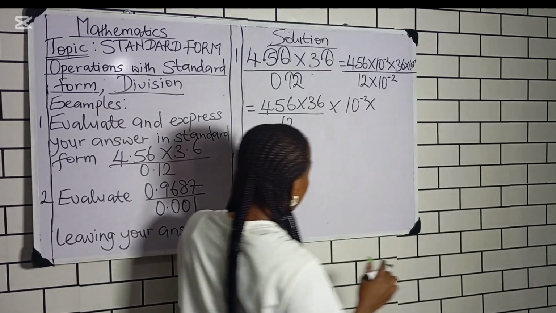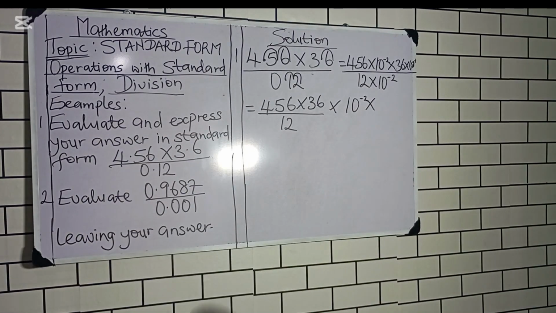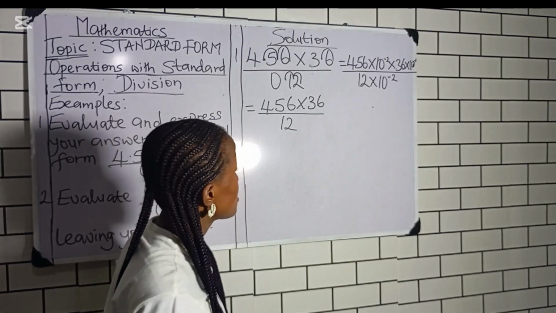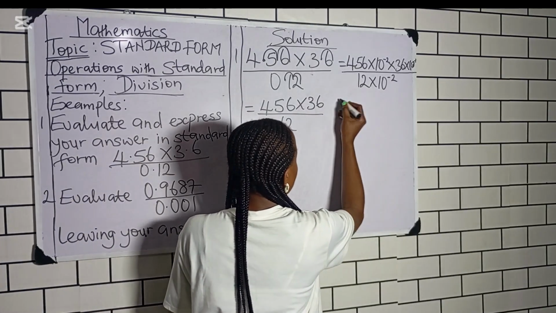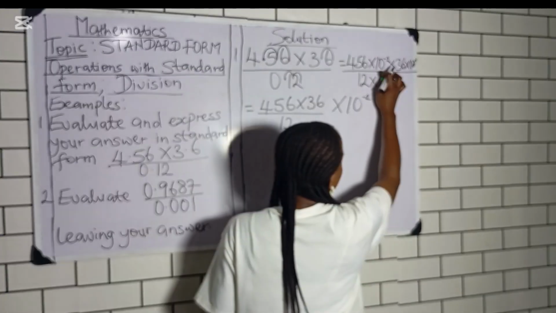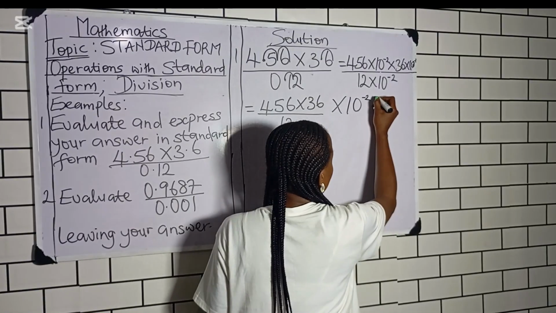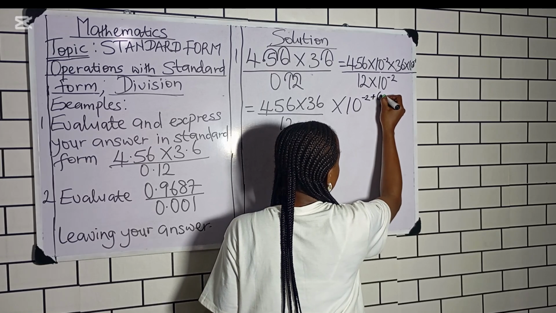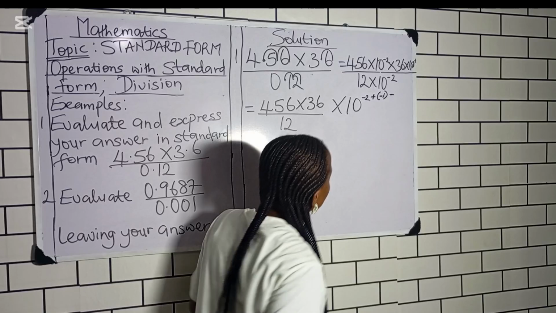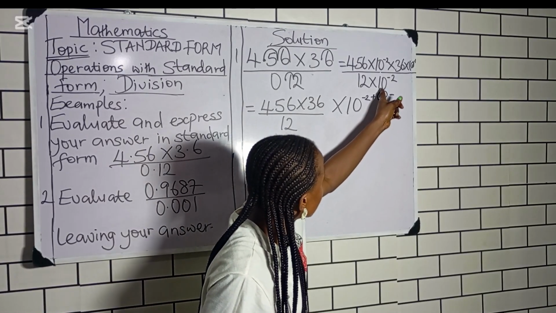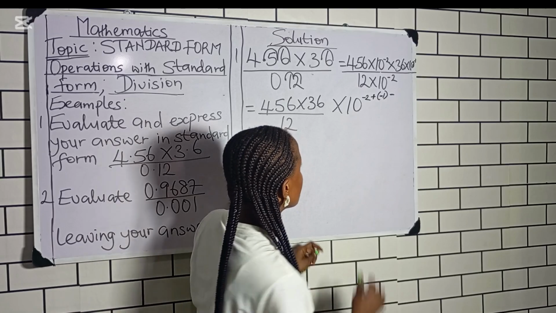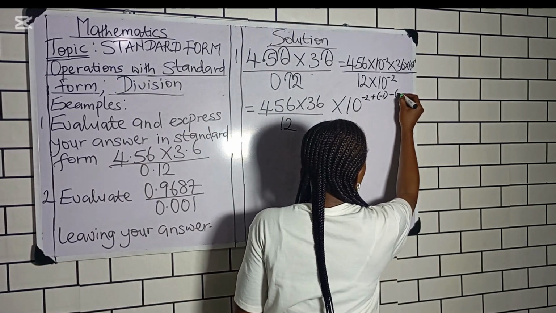Now what we are going to do here, after bringing out all other numbers, is the bases of 10: you have your times 10 raised to power minus 2. This is base 10, this is base 10, and it's multiplication, so plus bracket minus 1 bracket in the numerator, and in the denominator, minus bracket minus 2.